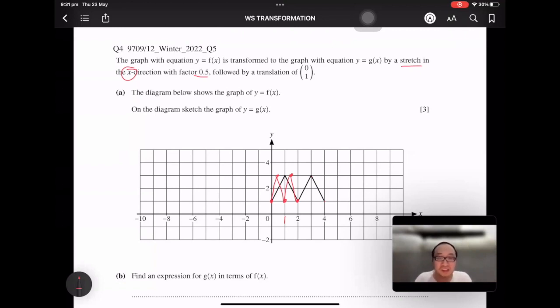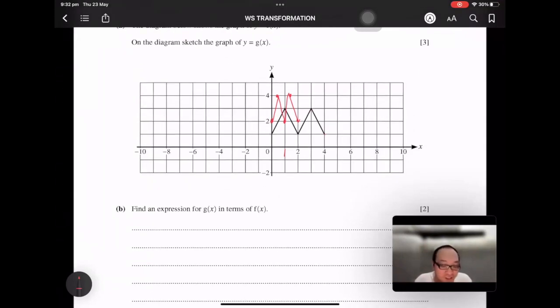But this graph is also translated by (0, 1). So that means we lift the function up by 1 unit. So everything should be lifted by 1 unit after it's being stretched by scale factor half.